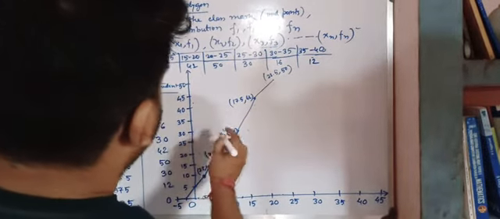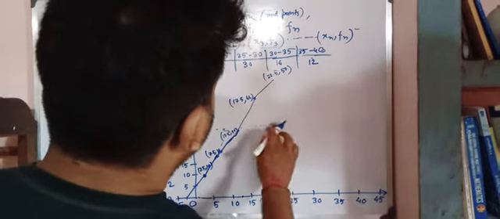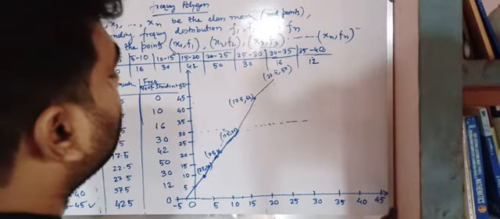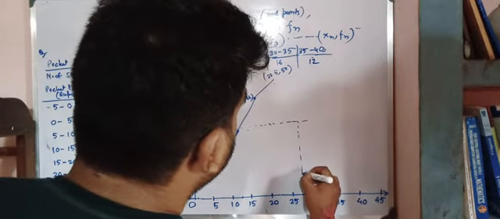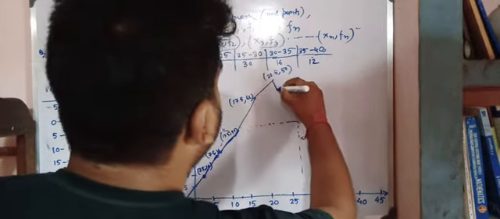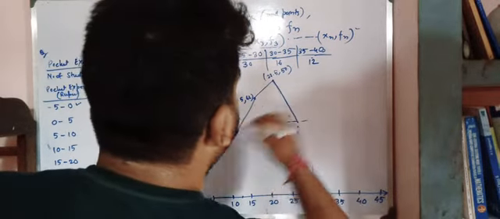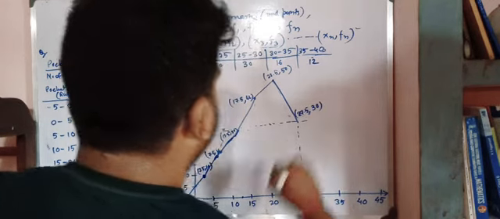Sorry viewers. 27.5, that is this point. If we draw the line, this point, this is 27.5, 30.